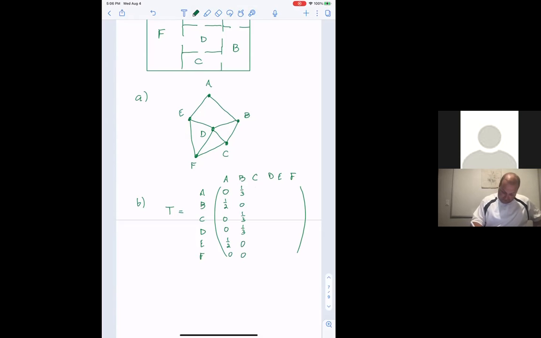A goes to B, E. B goes to A, C, D. C is B, D, F. D is B, C, E, F. E is A, D, F. And F is C, D, E. Okay, so that is the transition matrix.